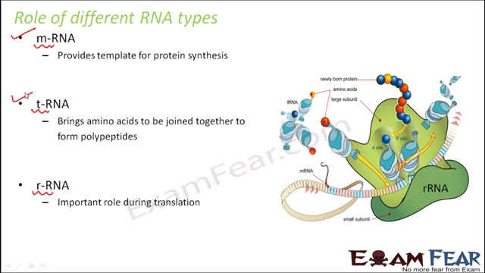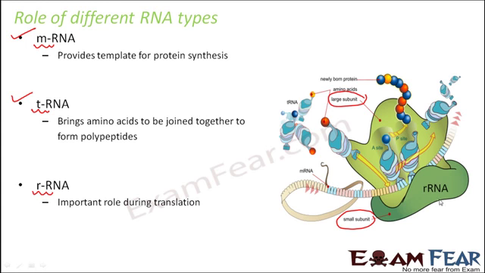Now the ribosome has two major subunits. Here you can see this is the ribosome. This is the smaller subunit of the ribosome, the dark green structure which you see here, and this is the larger subunit of the ribosome, the light green structure which is here. So that is how the ribosome is located, and on these ribosomes you have the rRNA.